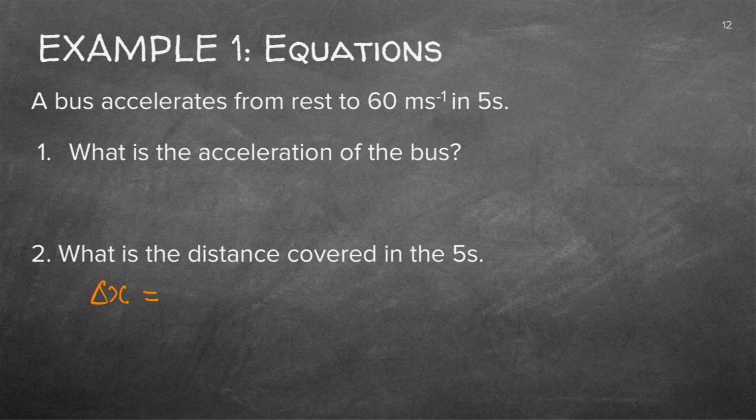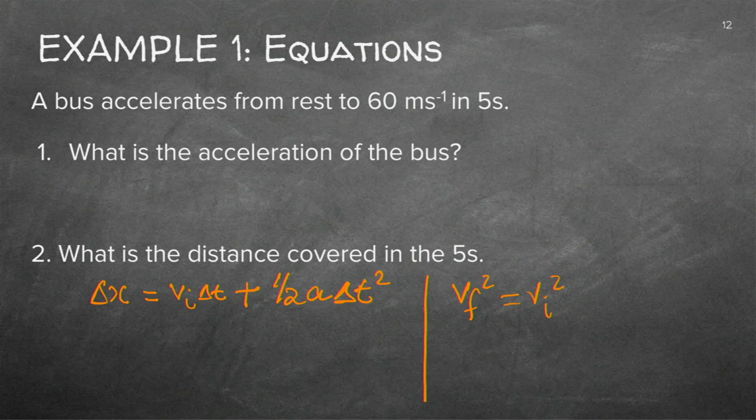And can you recall what the equation is? It's vi delta t plus a half a delta t squared. The other one is also an equation that you can use because you've got the values. It is vf squared equals vi squared plus 2a delta x.